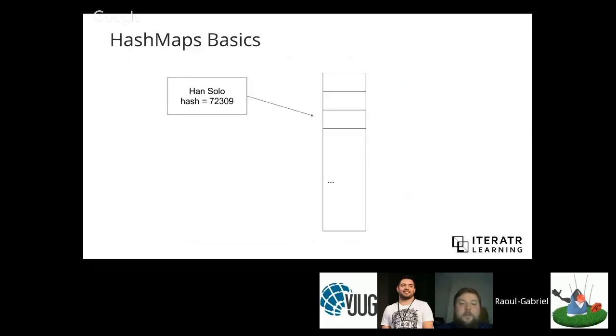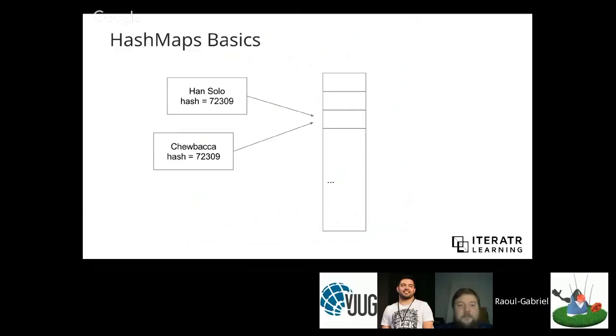But unfortunately, Han Solo has a very good friend called Chewbacca. And if Chewbacca as a key produces the same hash, then suddenly we'll have Han Solo and the respective value, and Chewbacca with its respective value stored in the same slot. So which value should we actually provide back? That's typically what we call a collision between two keys.